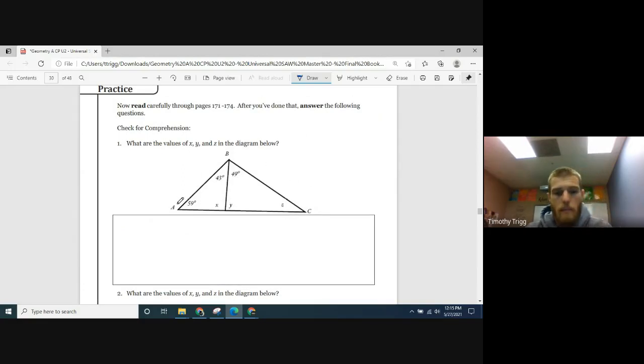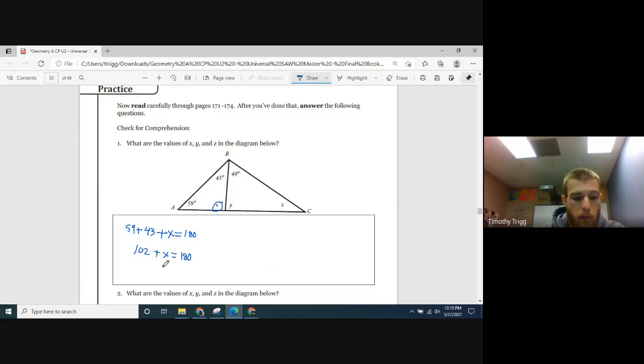Okay, got my calculator over here. Let's go ahead and find x. Okay, so I know that these three angles on the left triangle must add up to 180. So we got 59 plus 43 plus x equals 180. 59 plus 43 is 102, plus x equals 180.